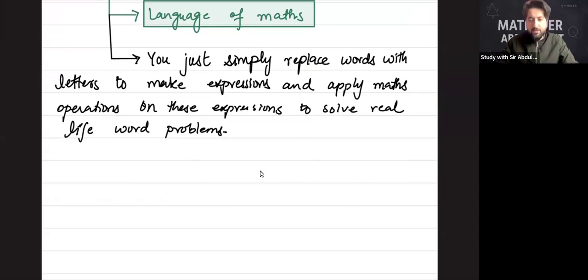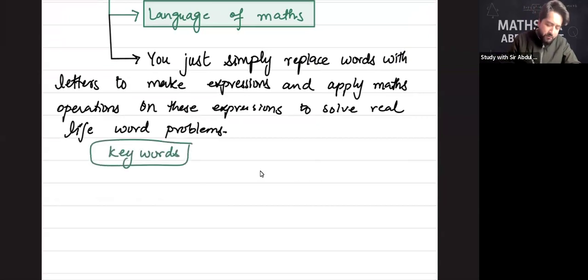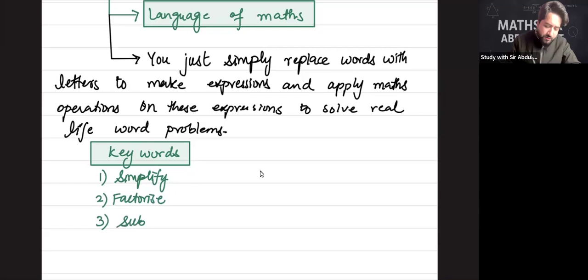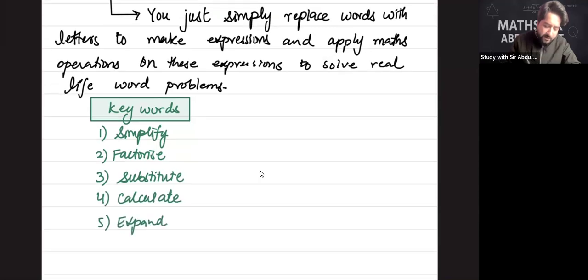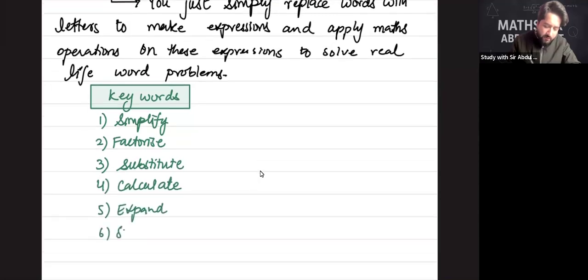Now, remember one thing, in the algebra chapter you will be seeing some keywords. The first keyword is simplify, the second keyword is factorize, the third keyword is substitute, the fourth keyword is calculate, the fifth keyword would be expand, the sixth keyword would be solve.